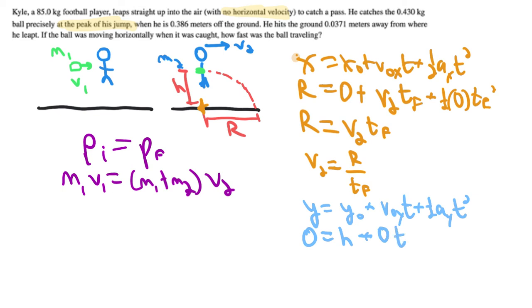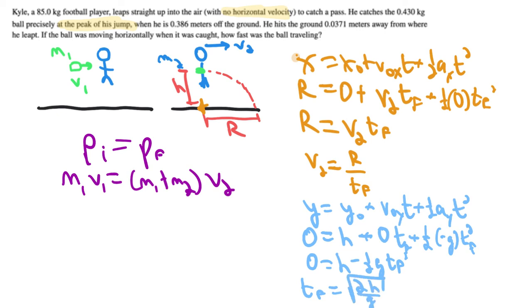I guess we should say here, he has no vertical velocity because the vertical momentum of the system before was 0. Nothing was moving up or down. So the vertical momentum after, right now, is 0. Then the Earth acts on him and it gets a little crazy. But during the collision, he has no vertical velocity. But he does have an acceleration downward at g, and therefore it obeys this equation, which tells us that 0 is h minus 1/2 g t final squared, or t final is the square root of 2h over g.